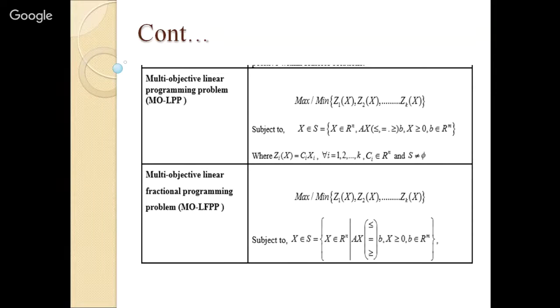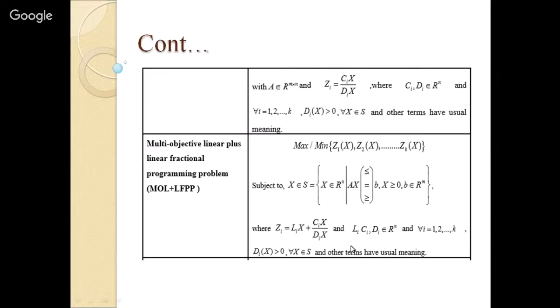Then multi-objective linear fractional. This is a multi-objective linear fractional programming problem. Again, we have more than one objective function subject to a set of constraints, and each and every objective function is a fractional objective function. Linear numerator divided by denominator.